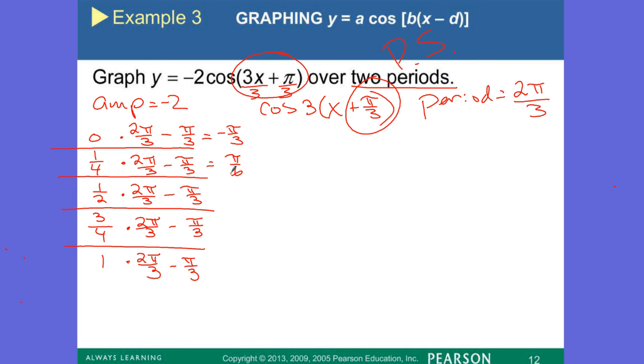So it's pi over 6. But I still have my minus pi over 3.